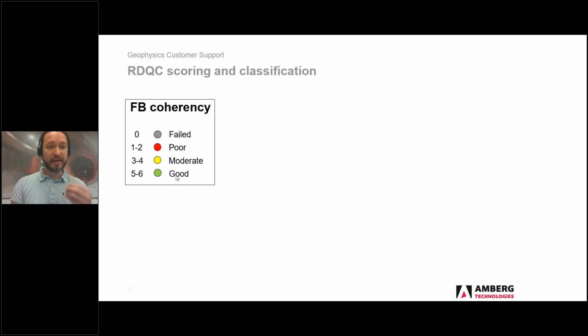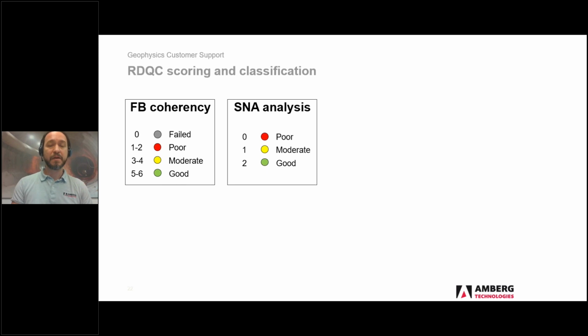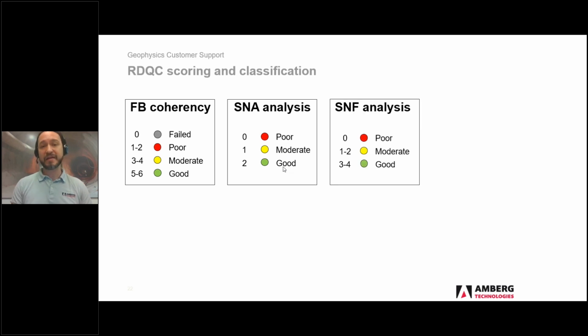This is only for the first break currency analysis. For the signal to noise amplitude analysis, we use a similar system, but now with one-point steps. So you can get 0, which will be poor data or a poor classification in this case, 1 is moderate, 2 is good. And finally, for the signal to noise frequency analysis, we use a 2-step scoring system, varying from 0 to 4.